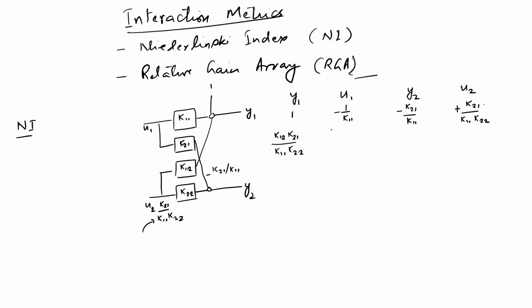The cycle will repeat, so this one will now be minus 1 by K11 times K21 K12 divided by K11 K22.